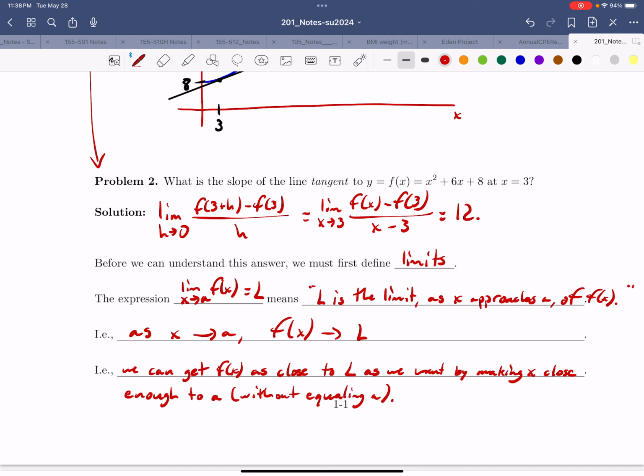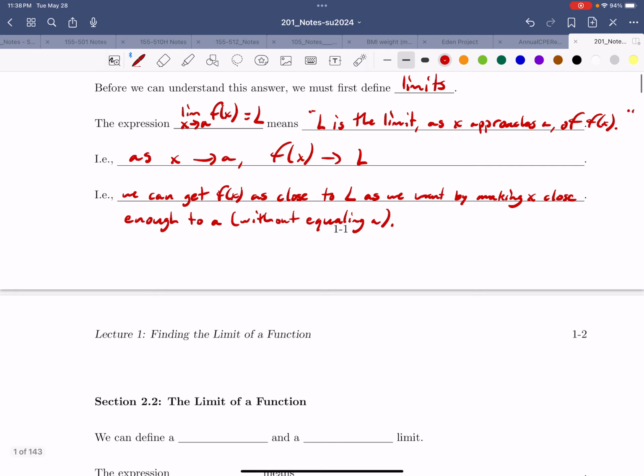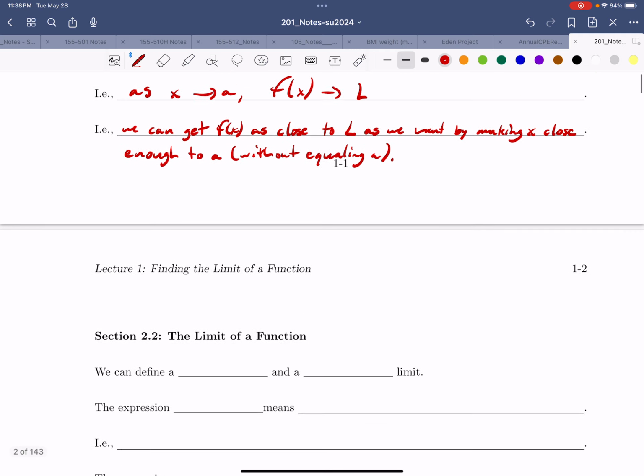We never want to let x equal a, but we can get it arbitrarily close to a. Okay, that's what the definition of a limit is, right?